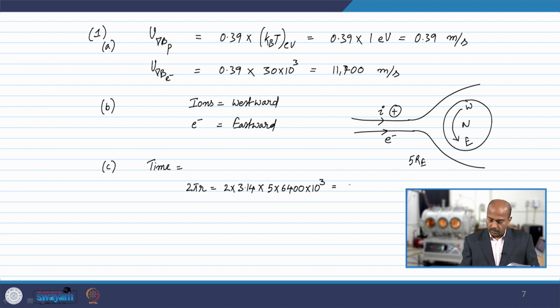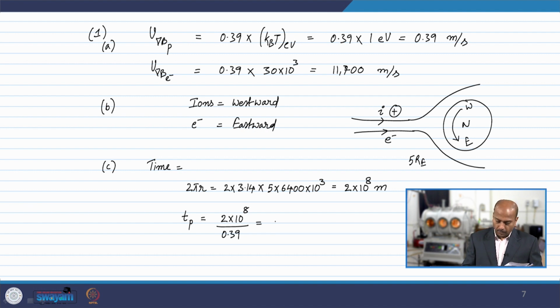This will be something like 2 × 10^8 meters. The time taken for the proton, because we know the velocity, we can simply calculate distance divided by velocity to get the time. So, this is 2 × 10^8 divided by the velocity 0.39, a very small velocity.